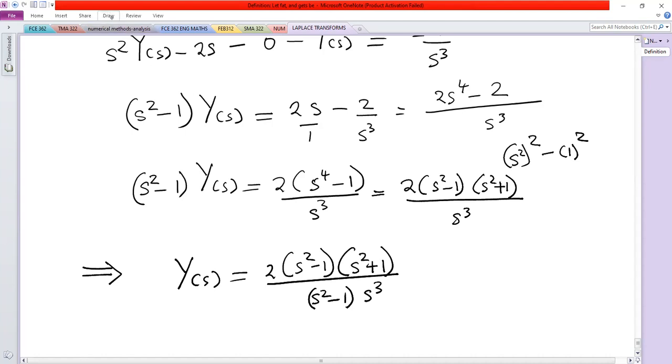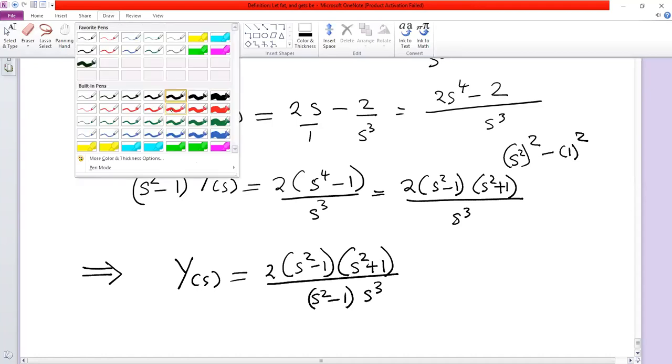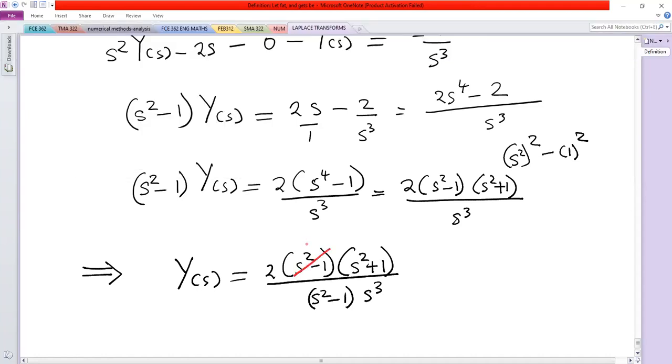Clearly you see that one of the brackets will cancel out. So this will give us 2 times s squared plus 1 over s power 3. This is what we have.